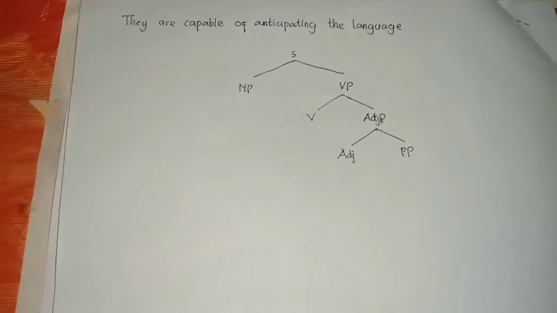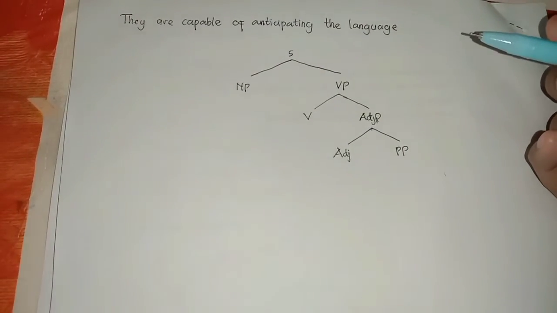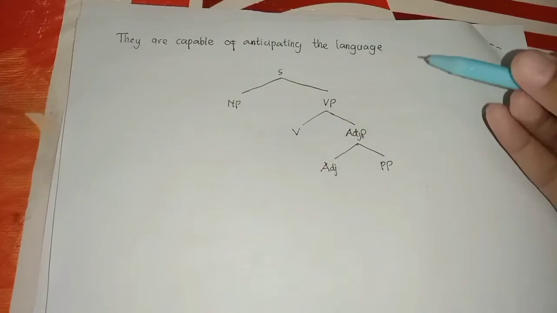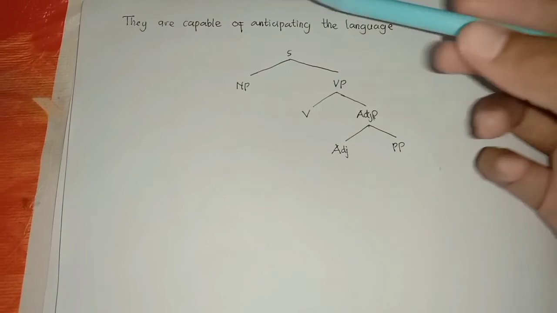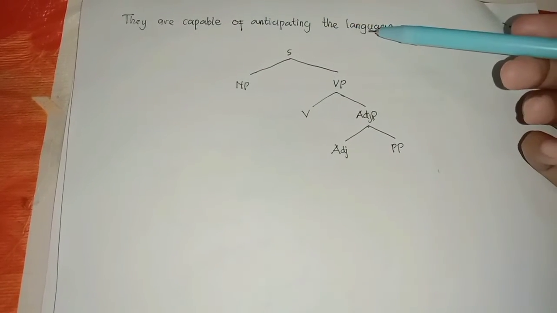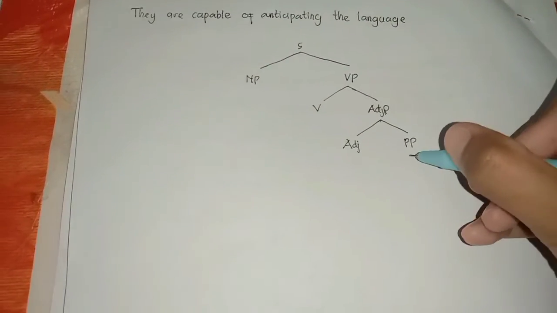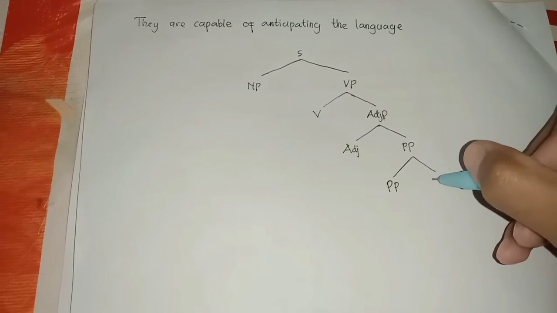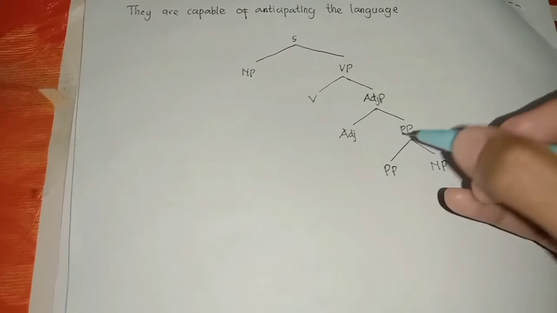Is there any element that is still divided into the smallest one? Of course, in the prepositional phrase of anticipating the language, we can divide it again into a prepositional phrase and noun phrase.